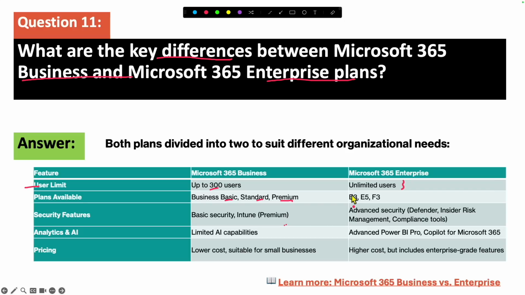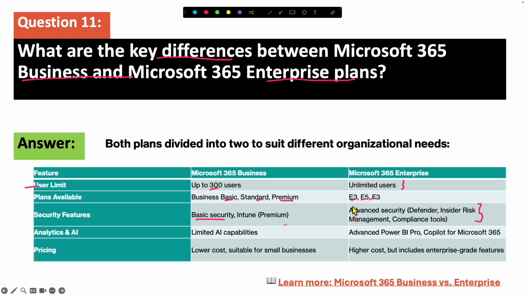Mostly with the enterprise plan, this looks like E3, E5, F3, etc., which is enterprise 3, enterprise plan 5, frontline, etc. From the security features point of view, the business plan offers basic security functionality, wherein the enterprise plan offers you advanced security capabilities, with a lot of add-ons and a lot of proactive security tools you can gain out of the enterprise plan.